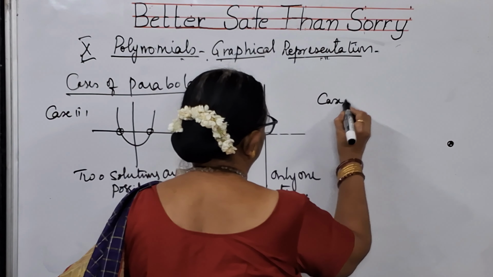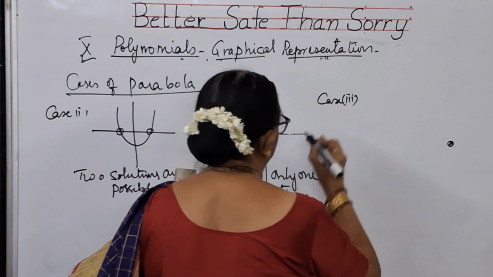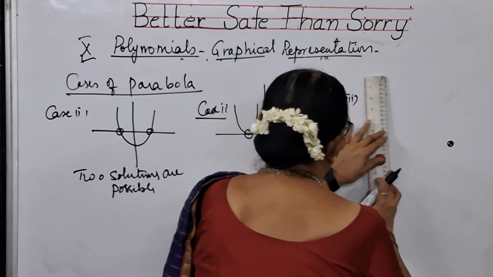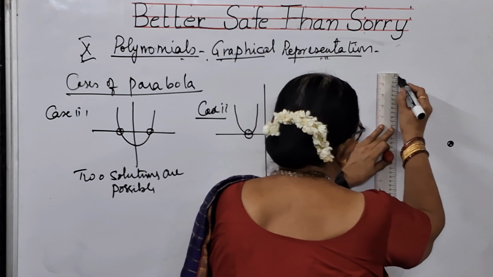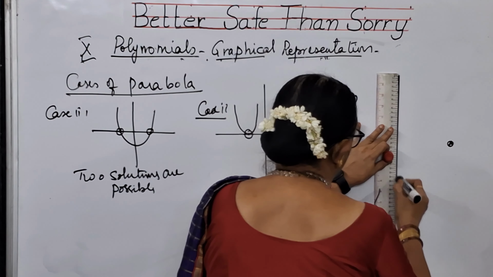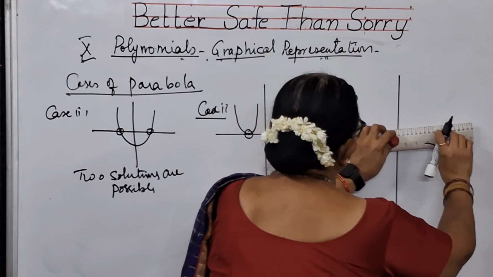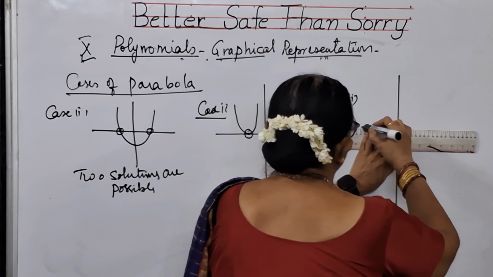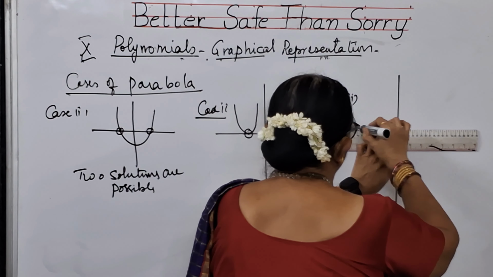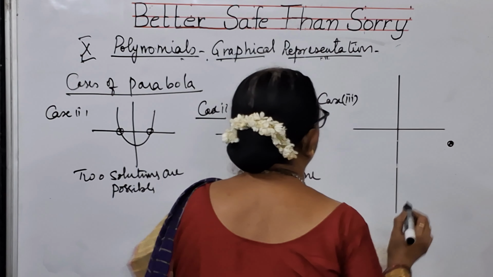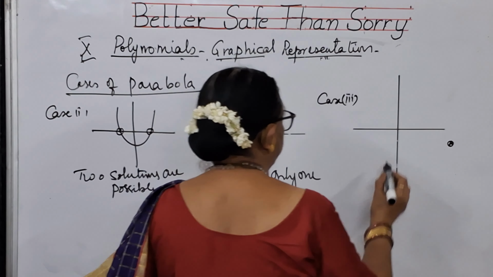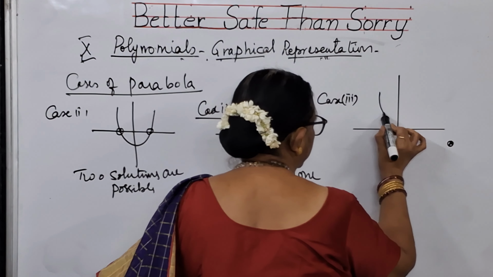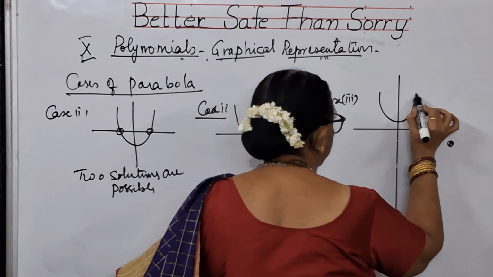And in case 3, what does case 3 say, children? In some cases, the parabola may not touch the x-axis and it goes like this.